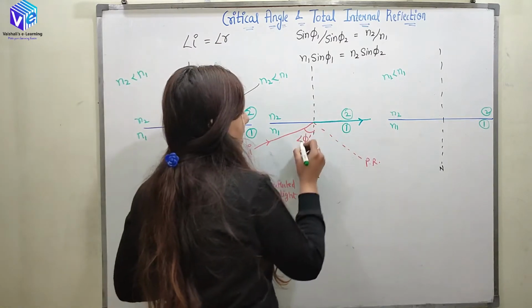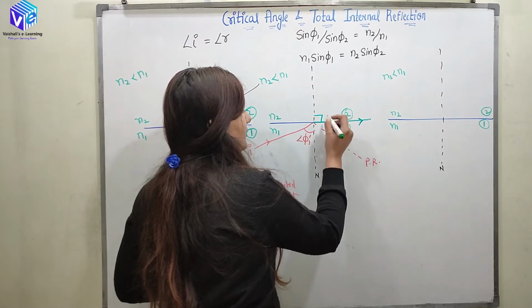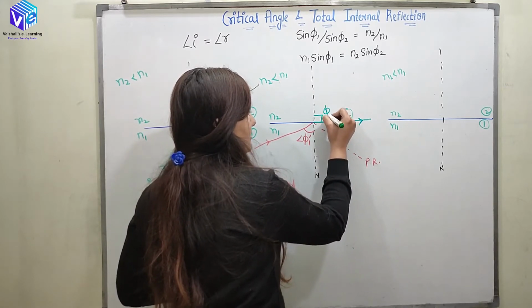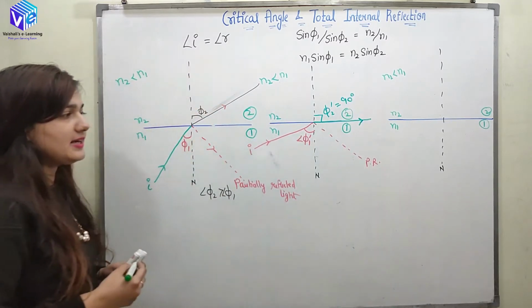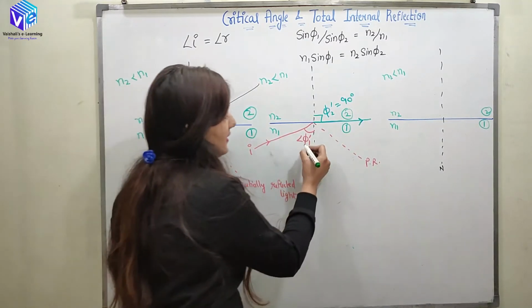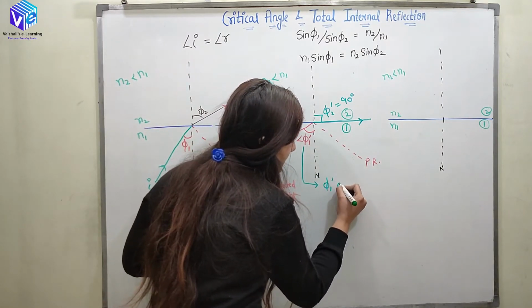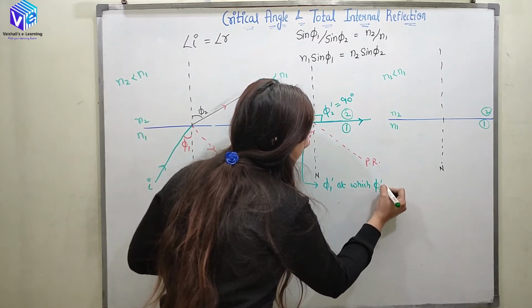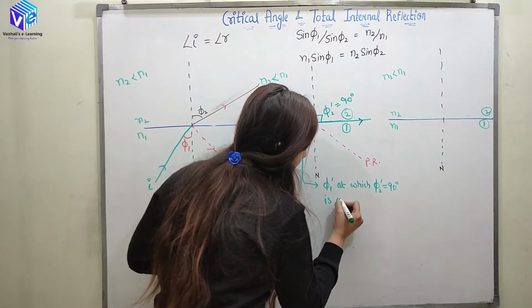So now I have increased the angle of incidence such that the angle of refraction phi 2 dash, here this is my phi 2 dash, has become equal to 90 degrees. The angle of incidence phi 1 dash at which phi 2 dash is equal to 90 degrees is the critical angle.